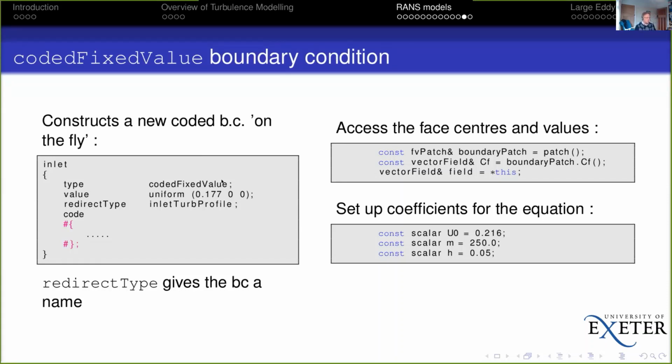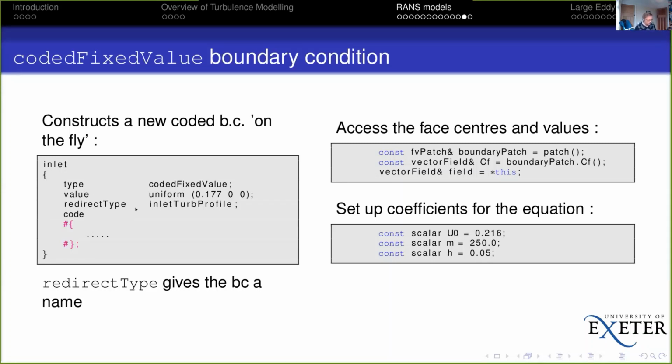And basically what this does is it says expect some code, and the code is specified in C format between hash open brackets and hash close brackets like this. So this is our basic coded boundary condition here, and it says take what's between these as C++ code, compile it, and try and run it.